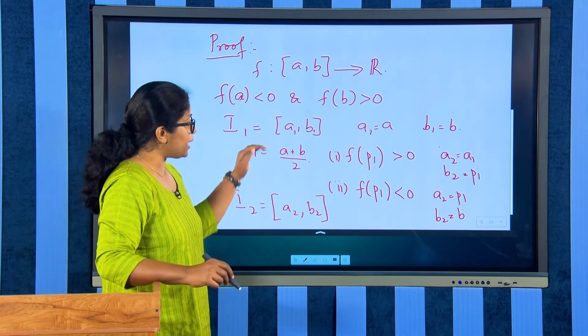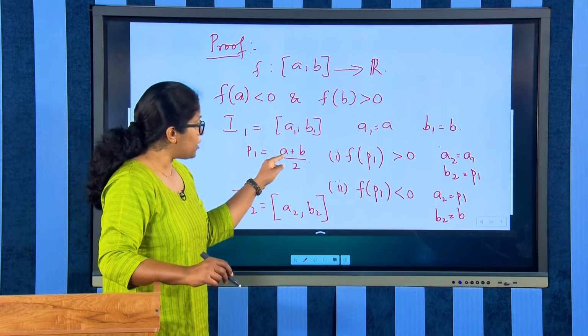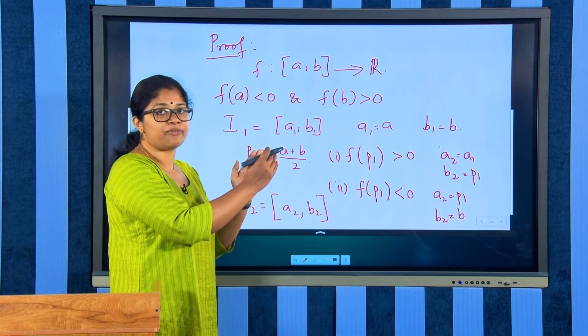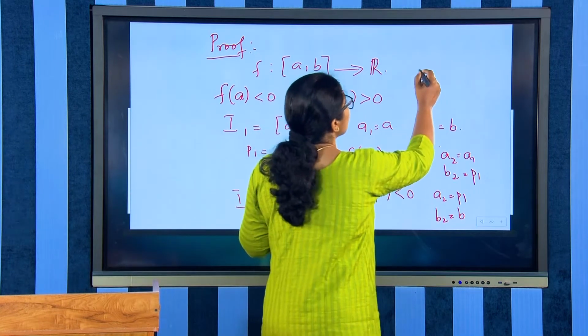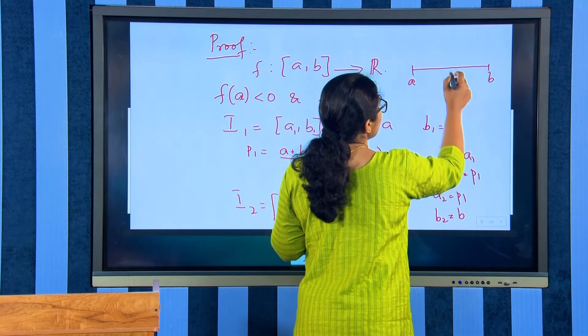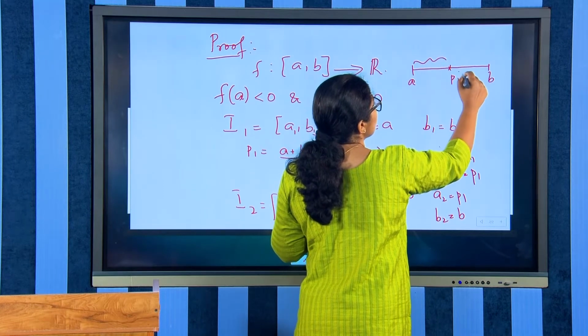Now what is the length of this interval? Because P1 is taken to be A plus B by 2, the length has been reduced by half. So if the length of I1 is A1 B1, or AB, and this is our P1, then either this is our I2 or this is our I2.